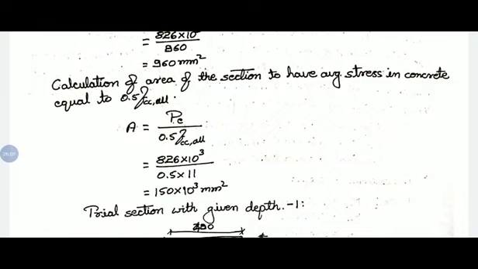Here 11 Newton per mm square is minimum, so we consider that. With respect to that, we get 150 into 10 power 3 mm square. So it is about 1,50,000 mm square.